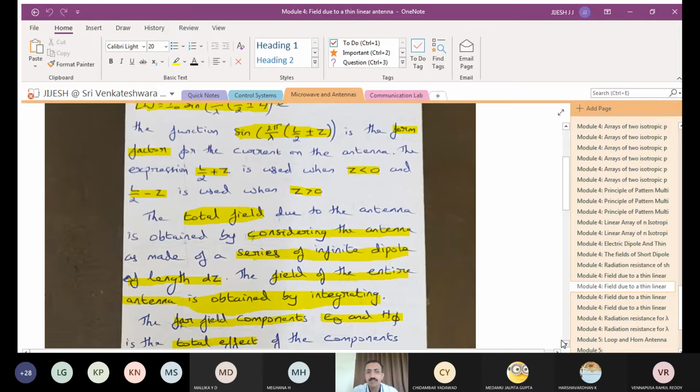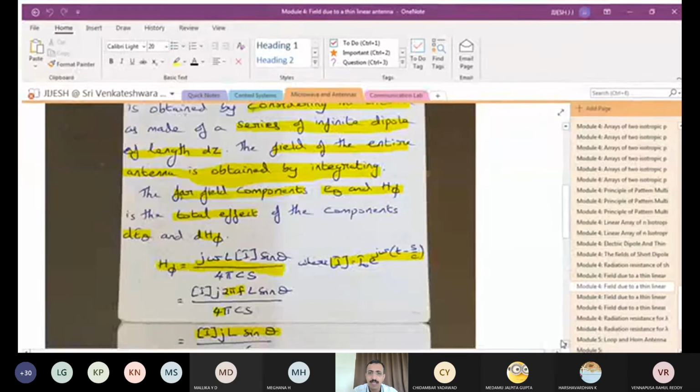You take a small dz, and n such dz elements combined give the series of infinitesimal dipoles. Then the entire field of the antenna can be obtained by integrating, a process you have done in many applications before.